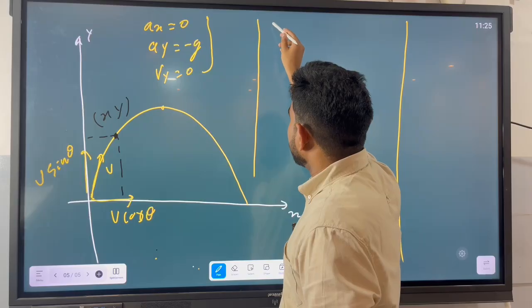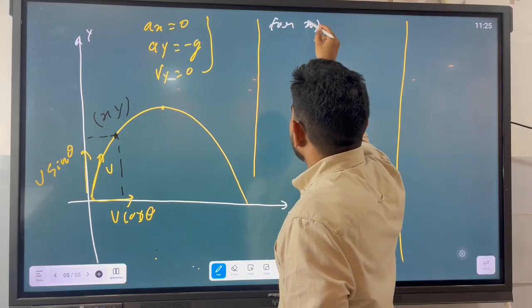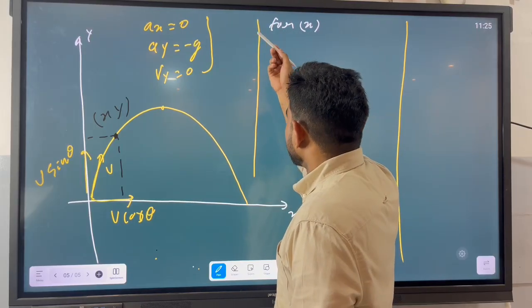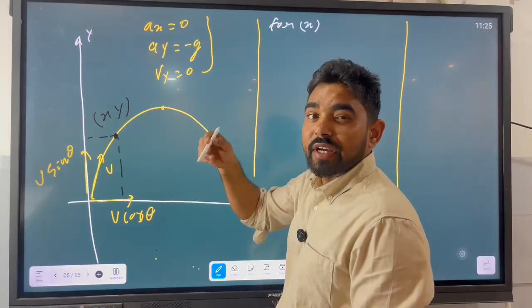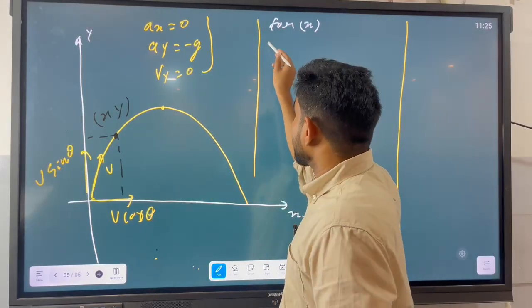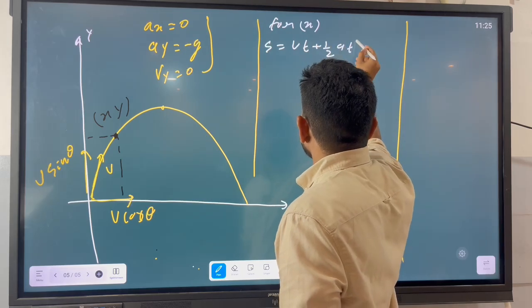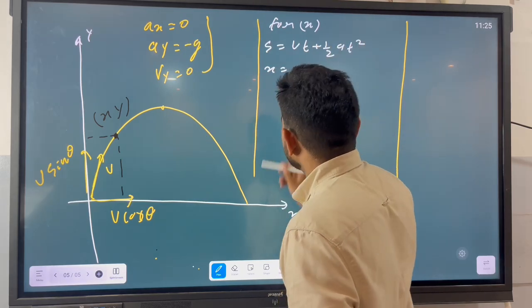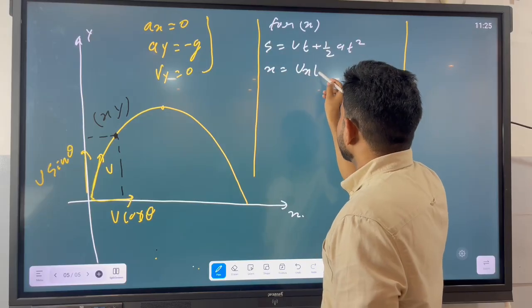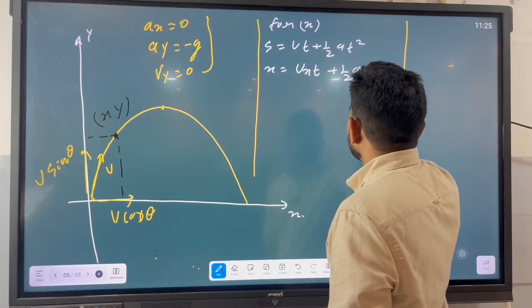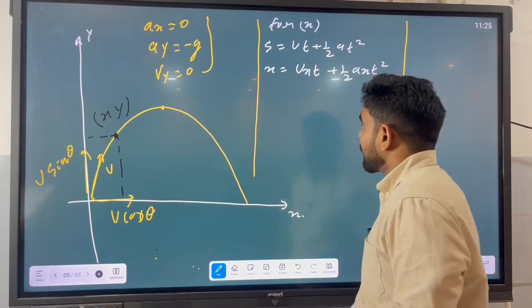For the x coordinate, using the second equation of motion, s equals ut plus 1 by 2 at square. For the x direction, x equals u_x t plus 1 by 2 a_x t square.